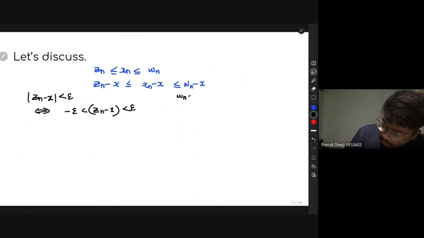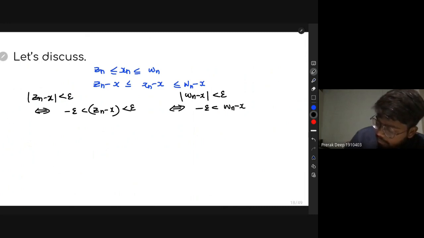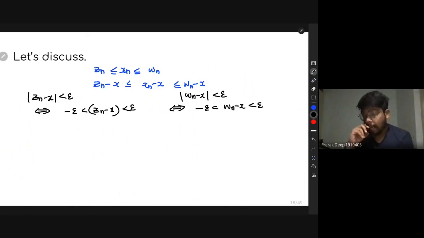Similarly, the modulus of wn minus x being smaller than epsilon is equivalent to saying that wn minus x is bounded below by minus epsilon and bounded above by epsilon.